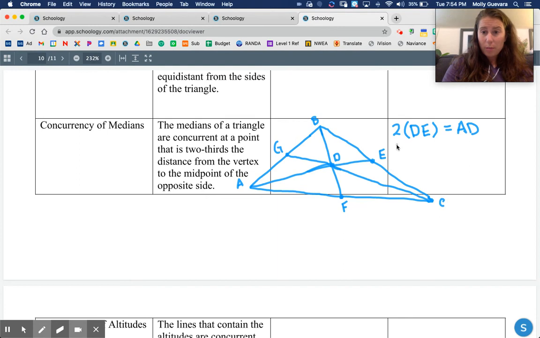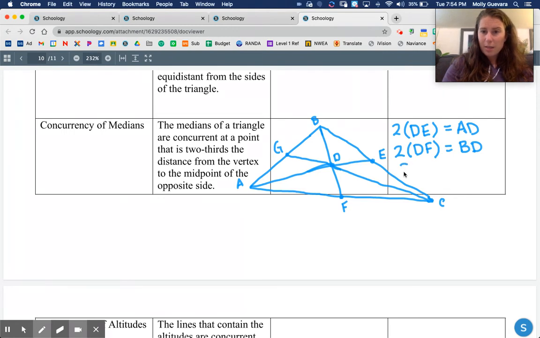If I take the length of DF, which is the shorter side, I know it's hard to see because I'm a terrible artist, but this DF, if I multiply that by 2, I'm going to get BD. I'm going to get this length right here. So DF times 2 equals BD.